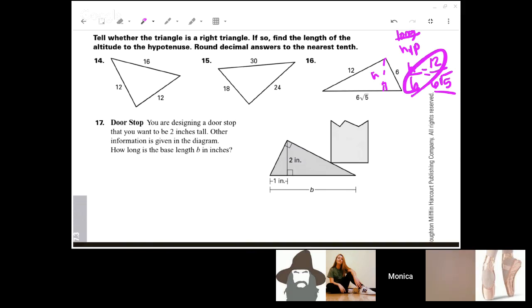Yeah, it's the hypotenuse. So that's what we're going to have to solve for, right? B. But do we have any other measurements from the big triangle?